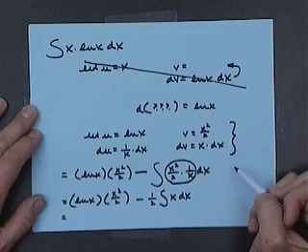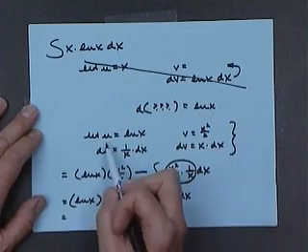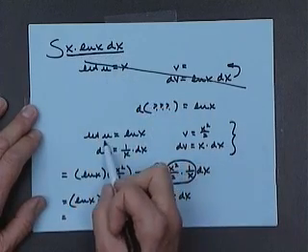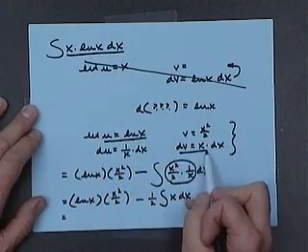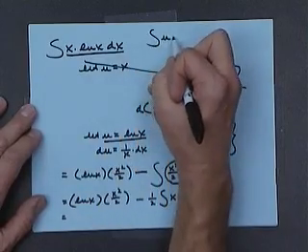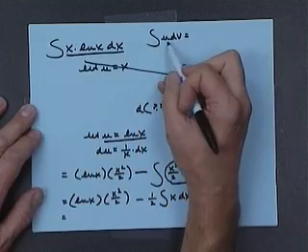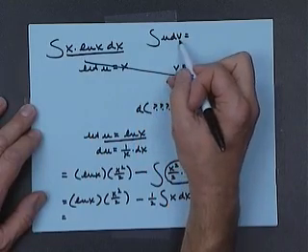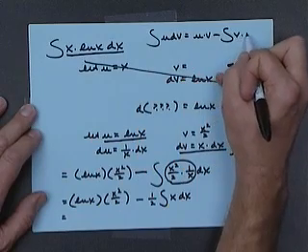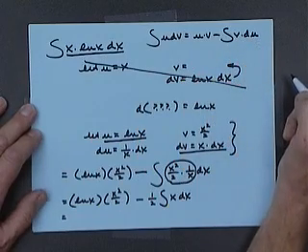Because that's in your problem. Everything that's in here has got to be u or dv, right? Because that's our rule. That's our technique. The integral of u dv is uv minus the integral of v du.